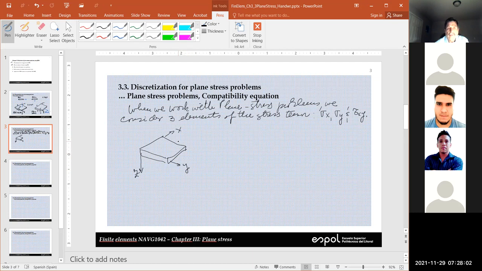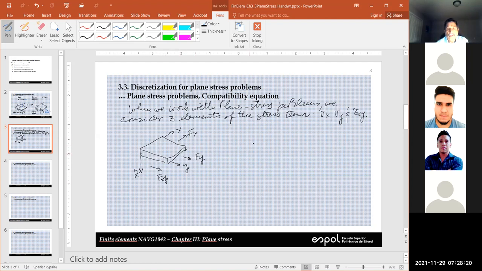So we're going to have forces like this: our force in the X direction, force in the Y direction, or a force in the XY direction, like a shear, but always in the plane.